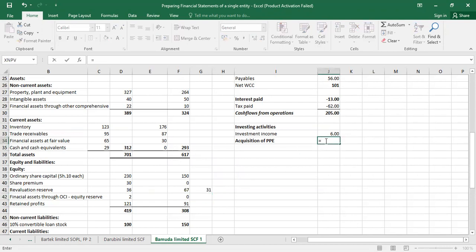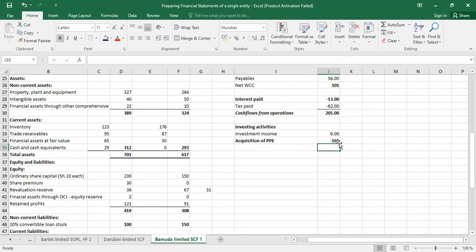So our PPE, our previous value is 264. We start with the opening bracket 264. You less depreciation 43. You less disposal 28. Revaluation loss 31. Isn't it? You close your bracket. You less current value. Isn't it? It means you acquired some new PPE at a cost of 165.